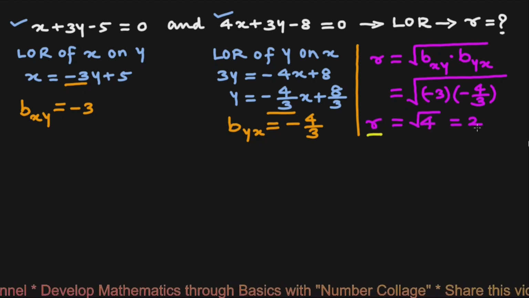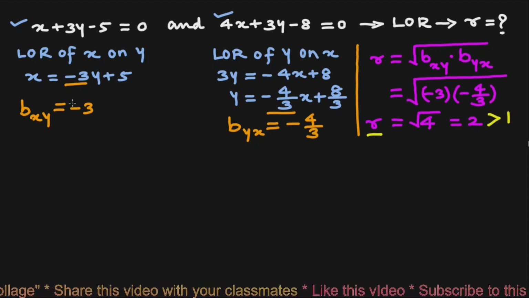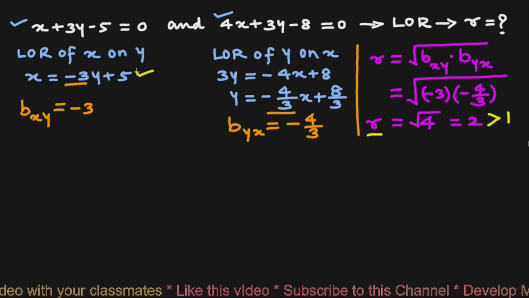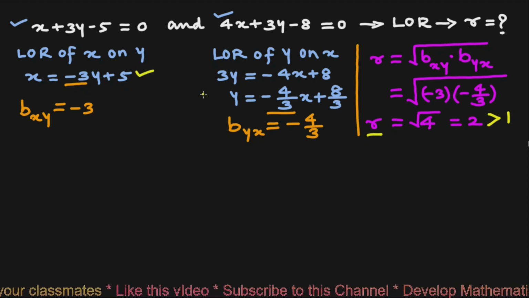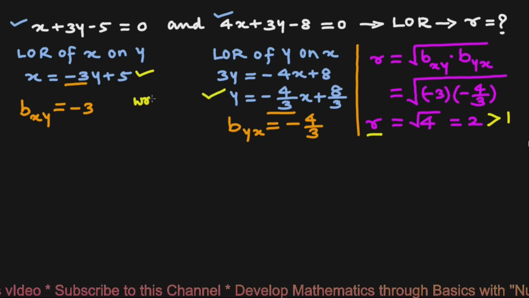But r cannot be greater than 1. Therefore, our supposition that this is the line of regression of x on y and this one is the line of regression of y on x is wrong.